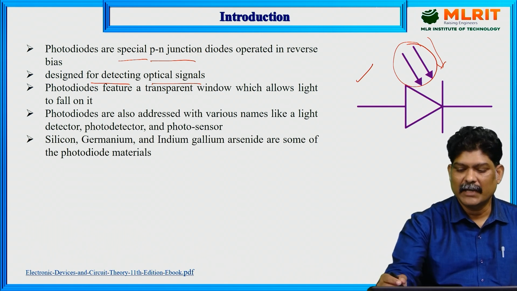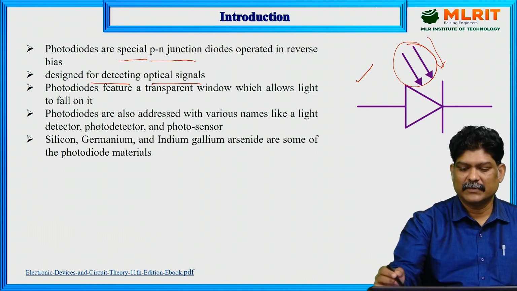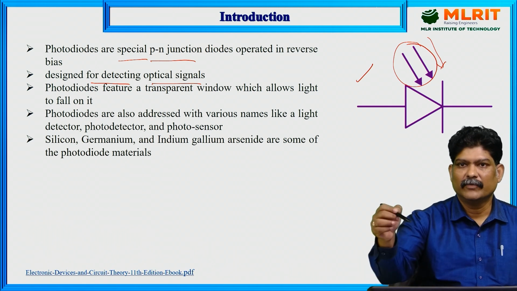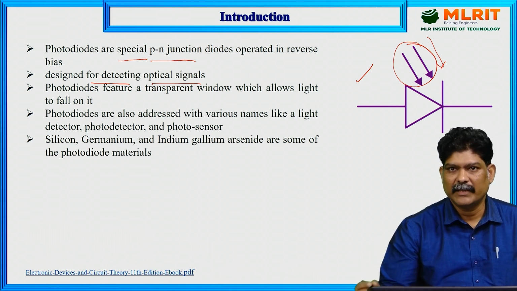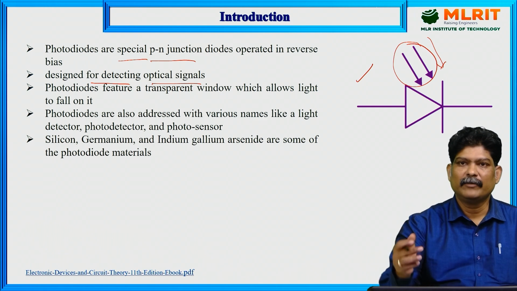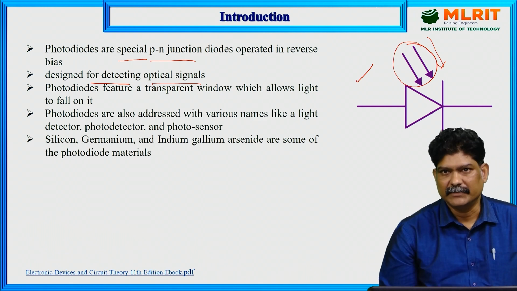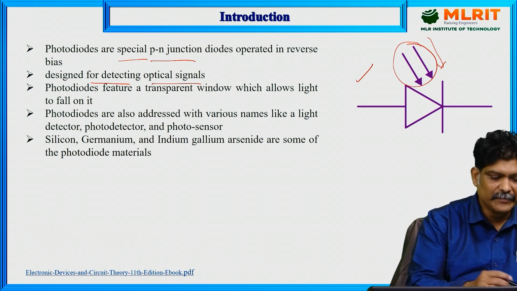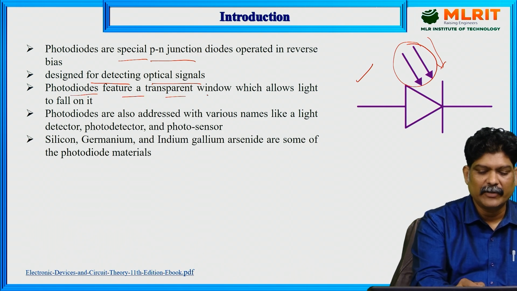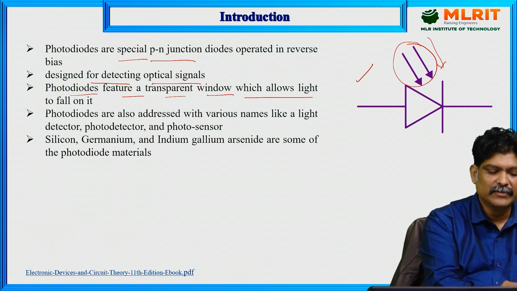There is another special construction. When light impinges on the photodiode, that light will be converted into electrical energy. The photodiode's main feature is a transparent window which allows light to fall on it.